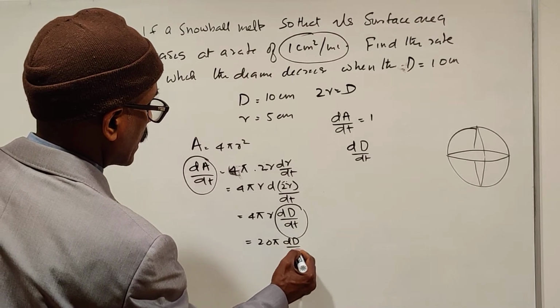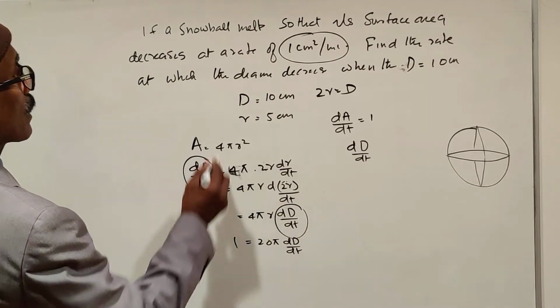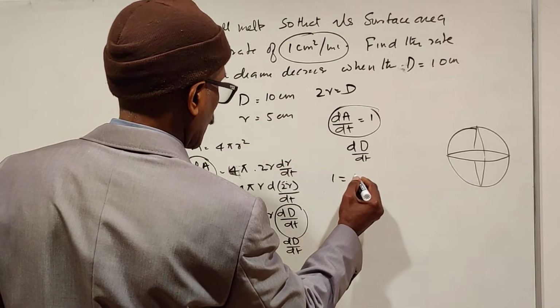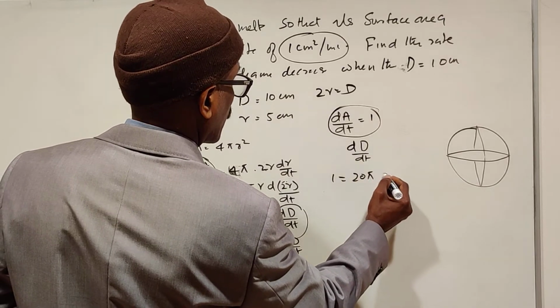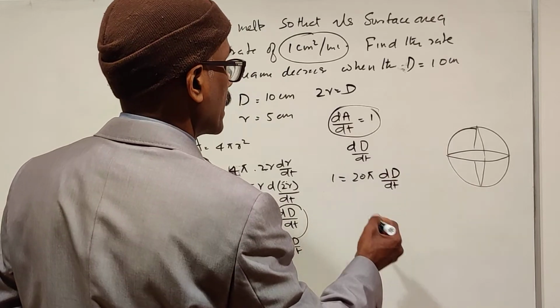dD by dt equals, dA by dt is 1. So 1 is equal to 20 pi dD by dt. What is dD by dt?